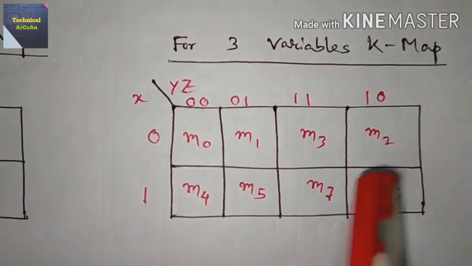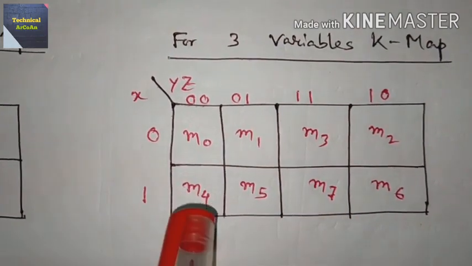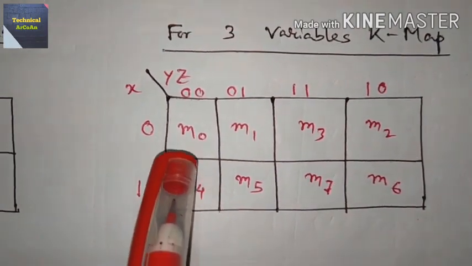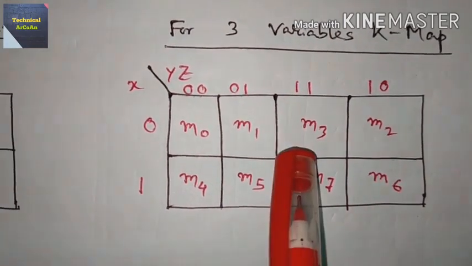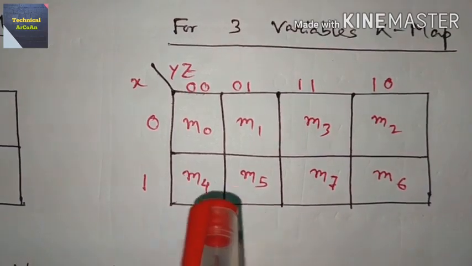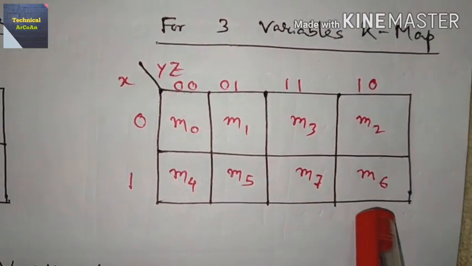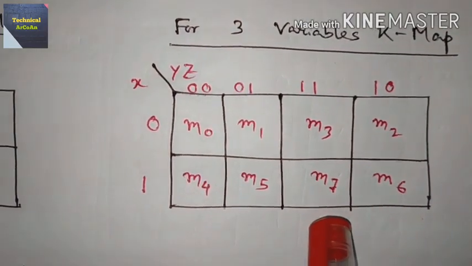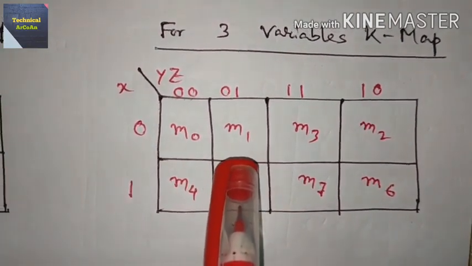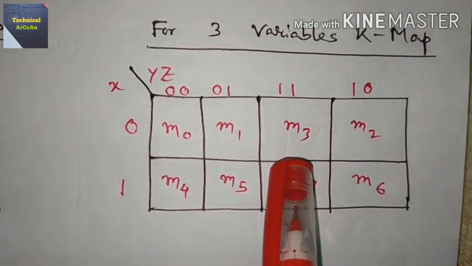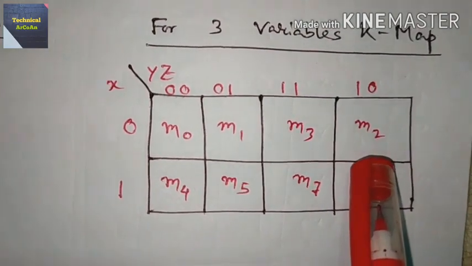The positions of these Minterms are: this position is M0, this M1, this M2, this M3, this M4, this M5, this M6 and this M7. Now the question arises: why after M1, why not M2? Why is M2 there?